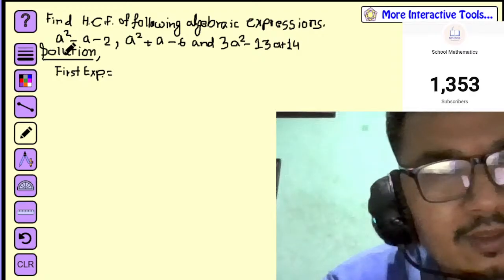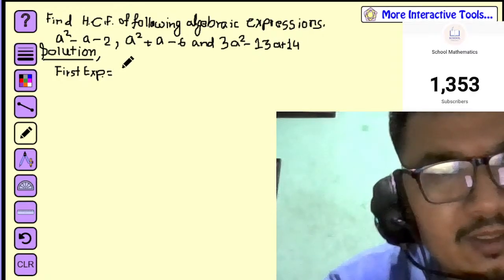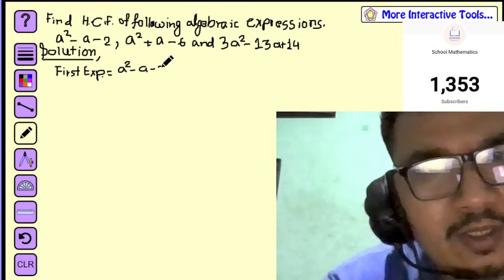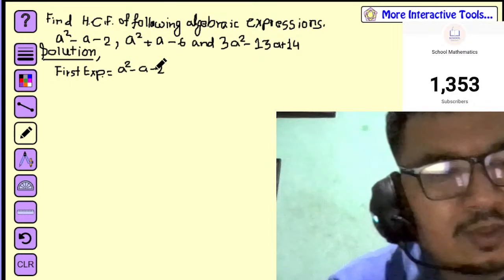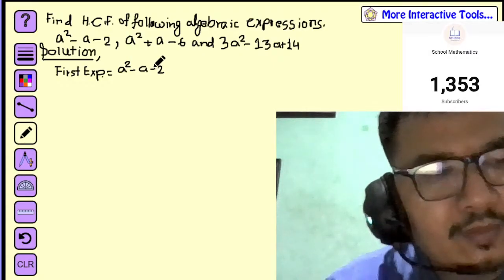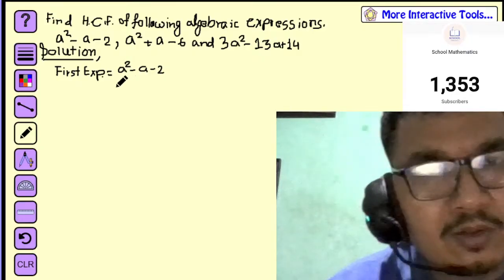Then I'm writing this first expression in descending order of the power: a square minus a and minus 2. Okay, like this we have to write them in descending order of their power.